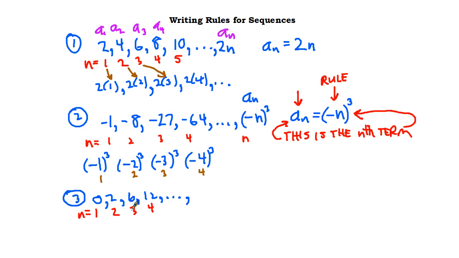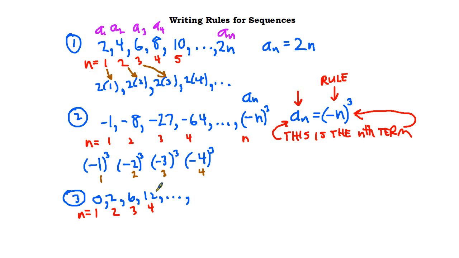And I'm thinking it's 2 times 3. And 2 is this number over here. And to get this 12, I need to do something to 4, and it's multiplied by 3, and 3 is this number over here. So again, if you want to pause the video and try it yourself, go for it. Otherwise, I'm going to tell you.